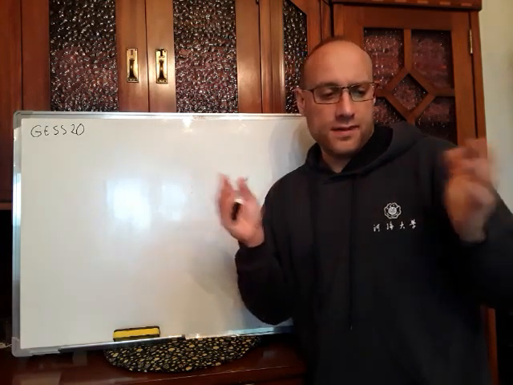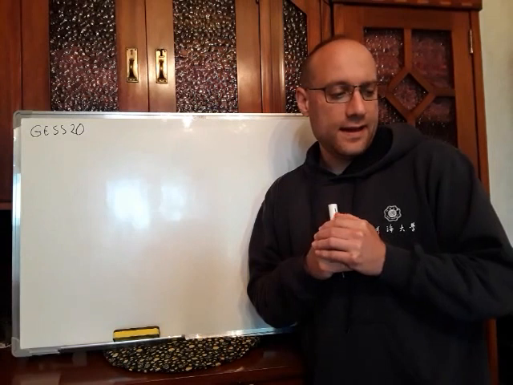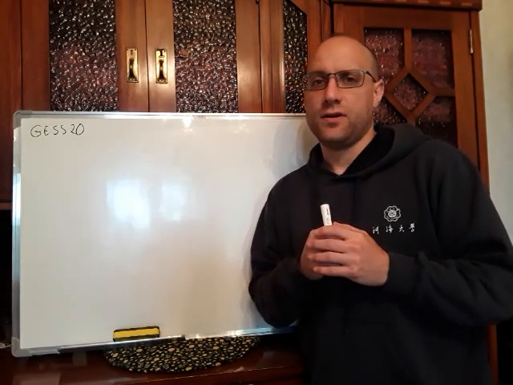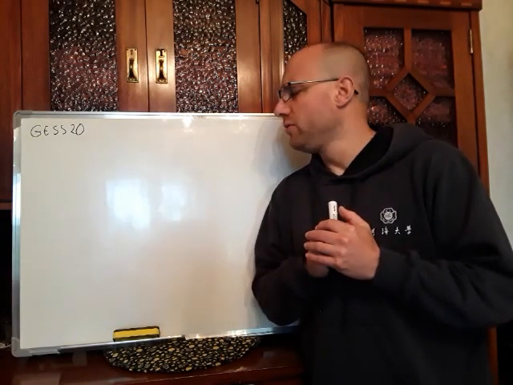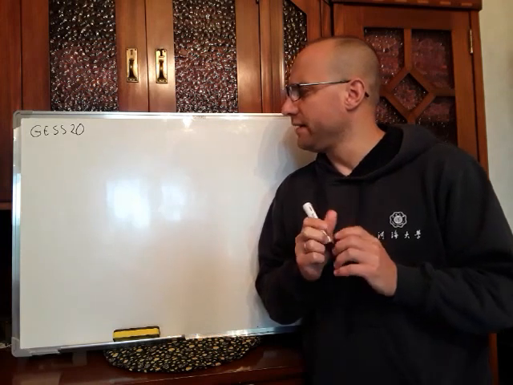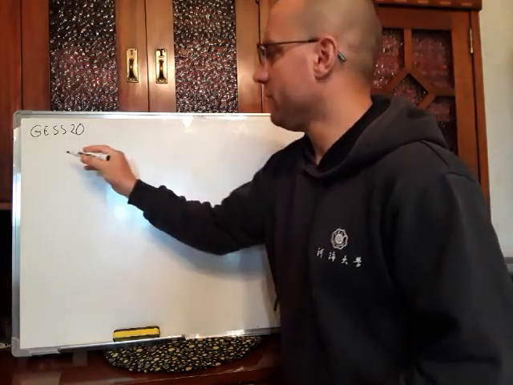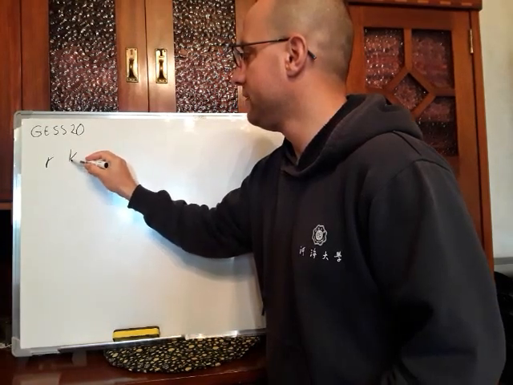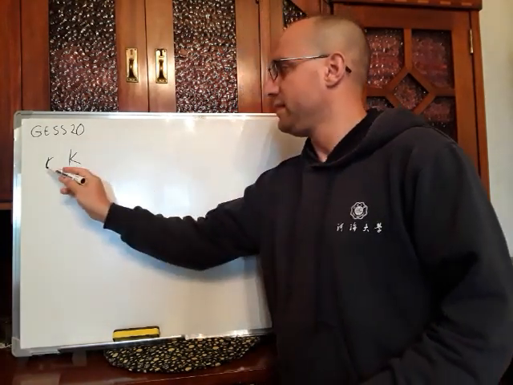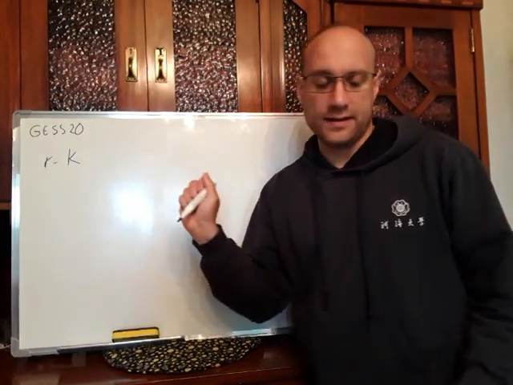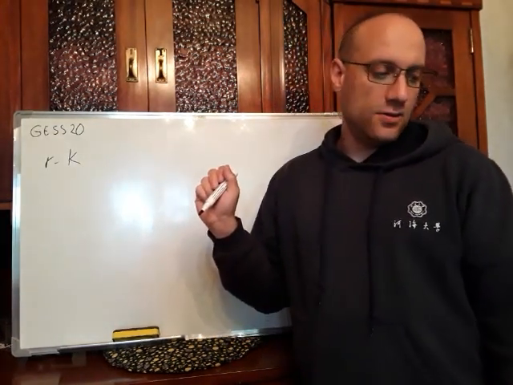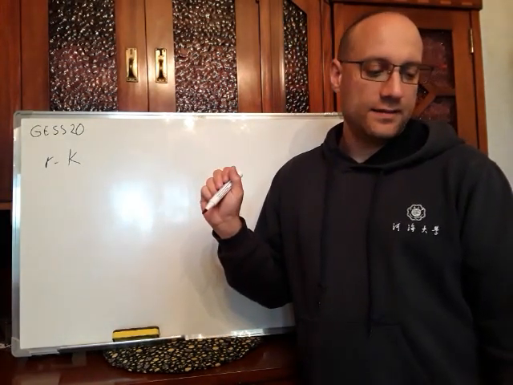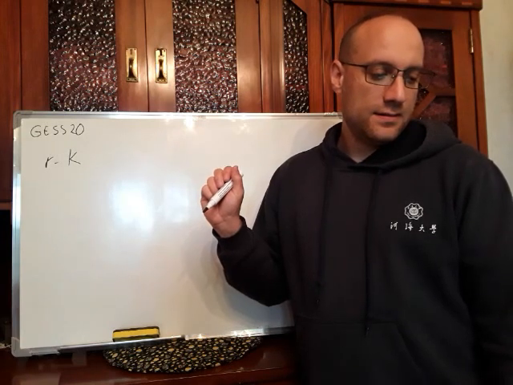So here instead, I just want to concentrate on a few points that are linked to what we said were R and K selected species. So what is this R and K continuum? How can we think about this?